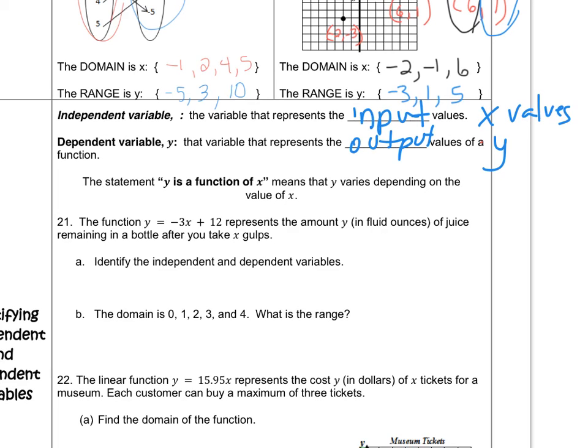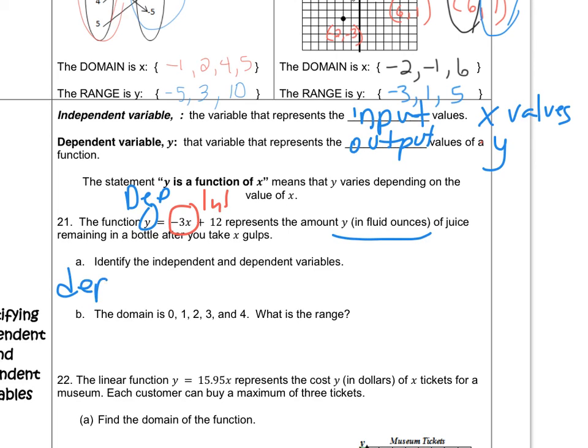So knowing that y is dependent and x is independent, if we look at number 21, and it says identify the independent and dependent variables. Well, we already know that y is dependent, and our x is going to be our independent. So then we have to figure out what it represents. y represents the amount of fluid in ounces.